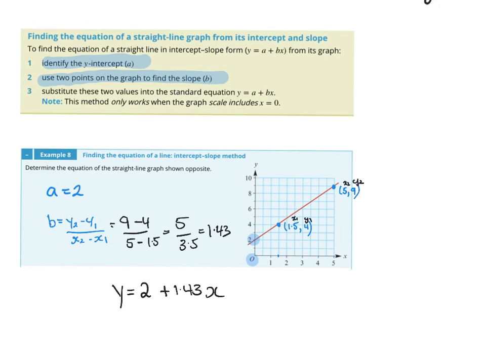When you get scenarios, like cost over time, you just have to remember to change these letters to those variables. That's the only difference.